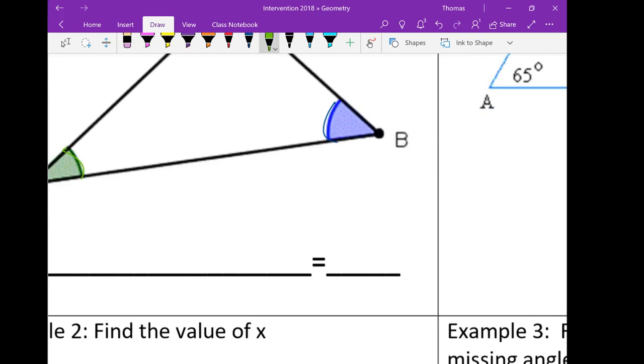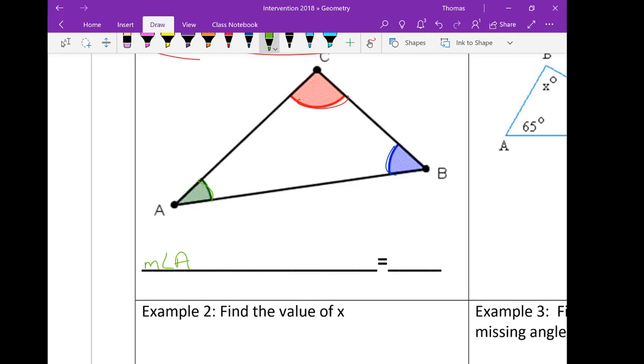The measure of angle A, so the green angle, plus the measure of angle B, the blue angle, plus the measure of angle C, these are all angles, is equal to 180 degrees.